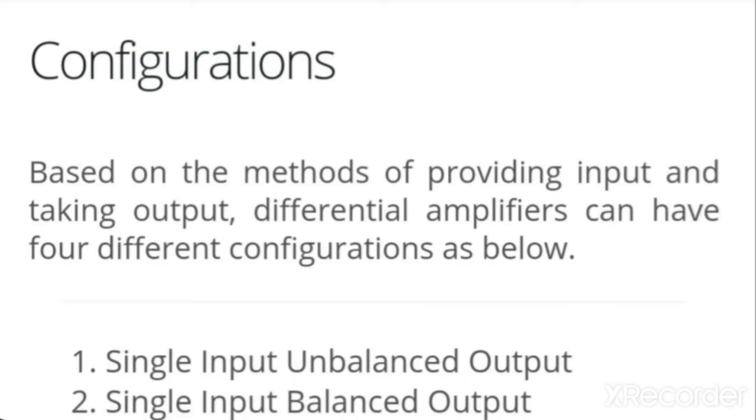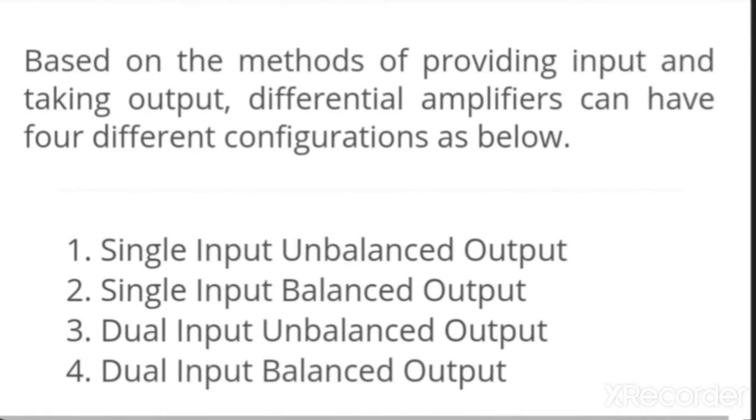In the previous video, we discussed the different differential amplifier circuit configurations. We know that based on the methods of providing input and taking output, differential amplifiers can have 4 different configurations.